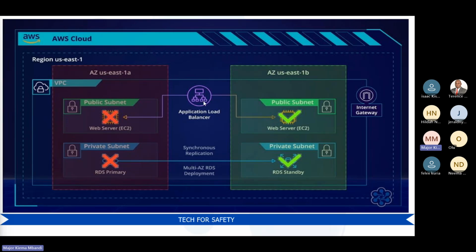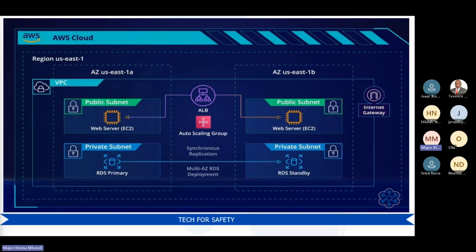Application load balancer will stop routing traffic to the web server running in the EC2 instance in 1A, and now serve only traffic to the EC2 instance that is running in 1B that is hosting your web server. And the standby, as I say, will be promoted to now the primary.